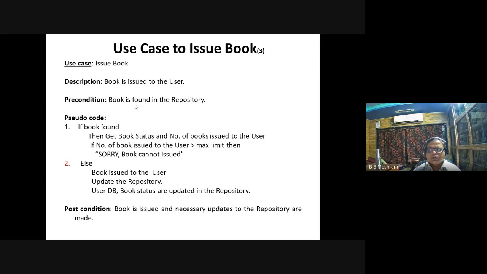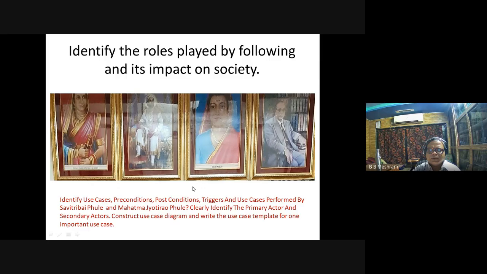Else, book issued to the user, update the repository, user DB, book status are updated in the repository. So the post condition is book is issued and necessary updates to the repository are made. So now in this way you can narrate the particular use case.